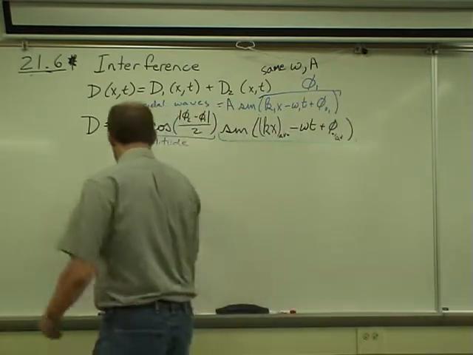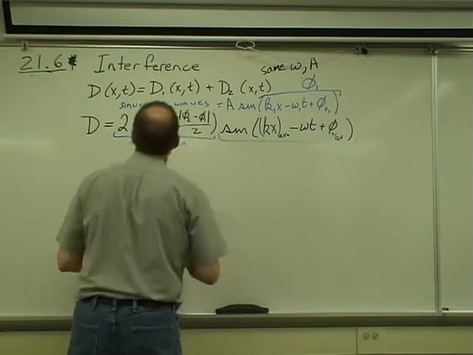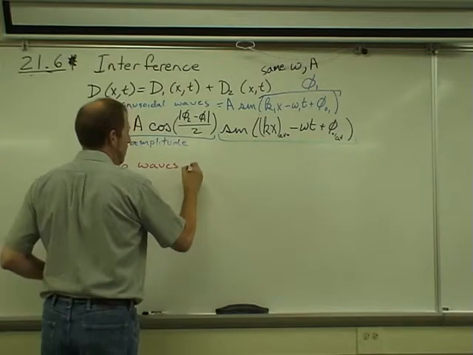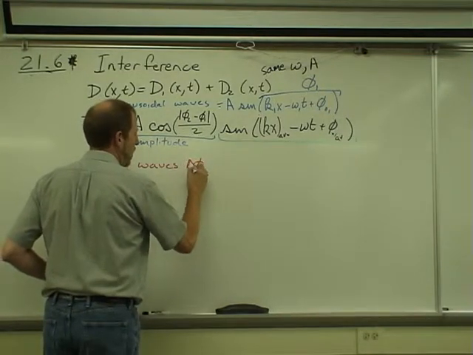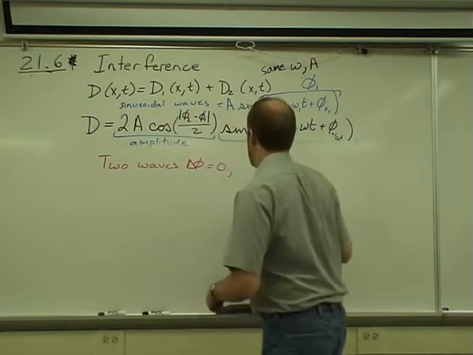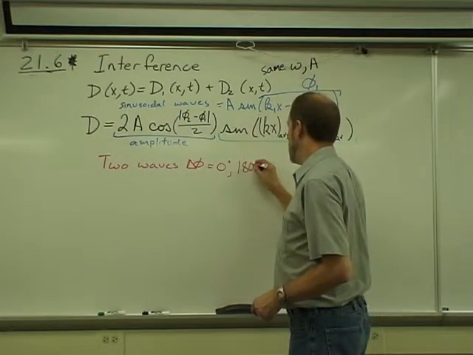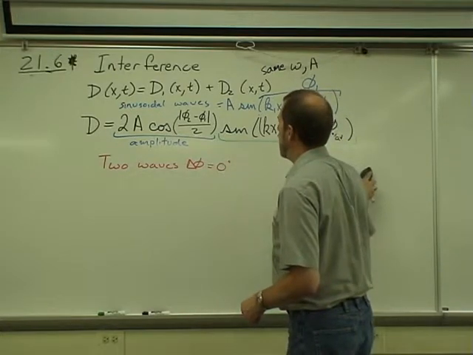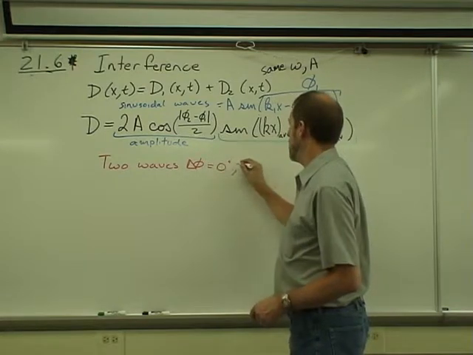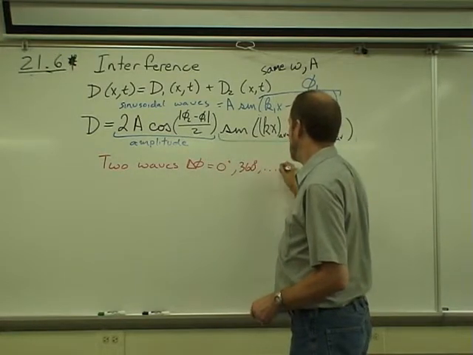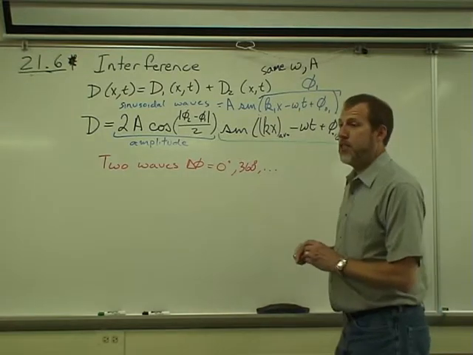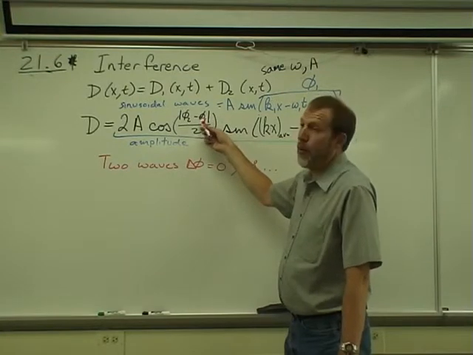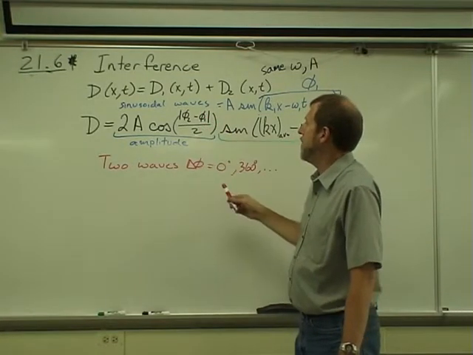So, if the two waves are in phase with each other, then delta theta will be 0 degrees, or 0 radians I should say, or 2 pi radians, which will be giving me the same thing.